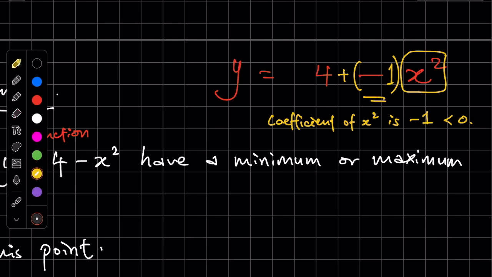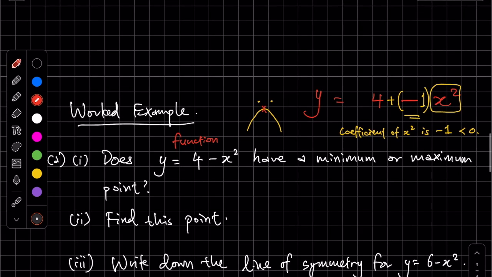Since it's less than 0, meaning negative, it's feeling negative, which means a sad face curve. Does a sad face curve have a minimum or maximum? A sad face curve has a maximum point. So the answer should be maximum point.